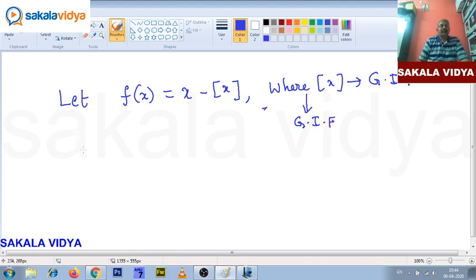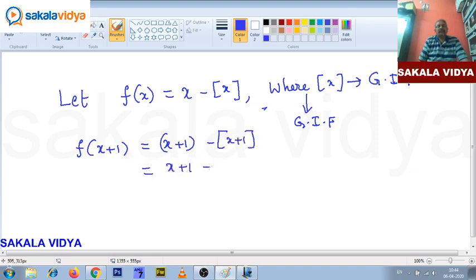Now, what is the period? See, suppose if you put x plus 1, here you get x plus 1 minus integral part of x plus 1. You get x plus 1 and the integral part of x plus 1 is integral part of x plus 1. This 1 gets cancelled. We have again x minus greatest integer function.